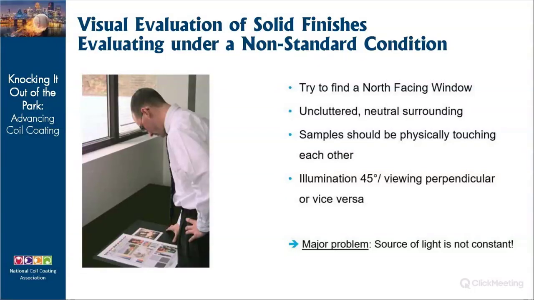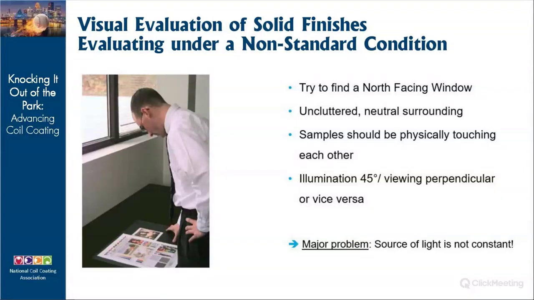Samples should be physically touching. So that's very important. If there's a space between your samples, you can't resolve color differences as well as if they're touching. And you should have some type of 45 illumination angle and a perpendicular view, or like this person's looking directly onto this printed material here.